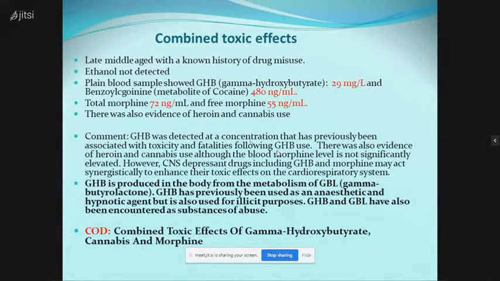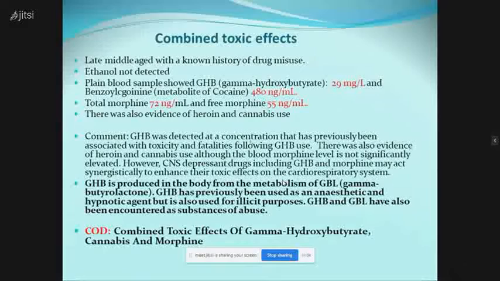Another example of combined toxic effect: a middle-aged male known with a history of drug misuse. Ethanol in the blood was not detected, but we found blood gamma hydroxybutyrate 29 milligram per liter, and the total morphine 72 nanogram, and the free morphine is 55.